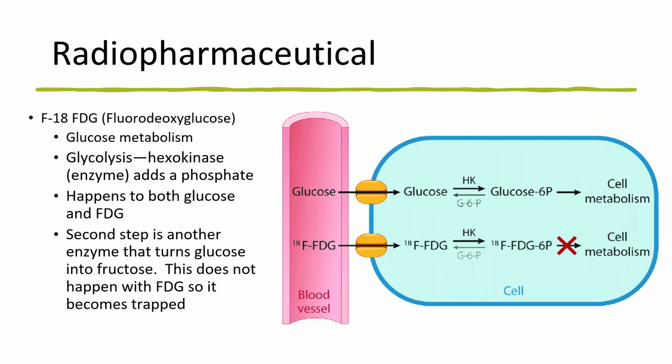And you can explain to your patients that it doesn't do that because it doesn't get metabolized by the cell. That last step is missing. And so it doesn't actually impact the patient's glucose levels at all.